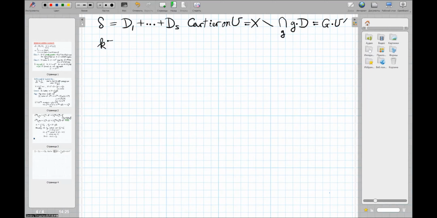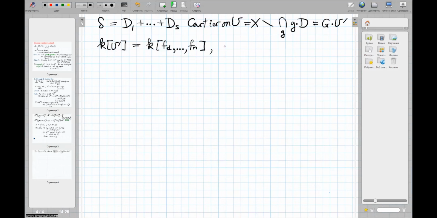Let me consider the coordinate algebra of my affine open subset U. It is a finitely generated algebra. It is generated by finitely many regular functions on U prime, say f_1, ..., f_n. And each of these functions is regular on U prime.